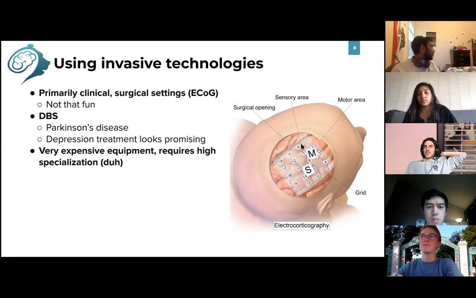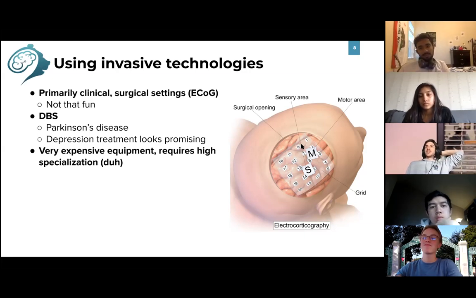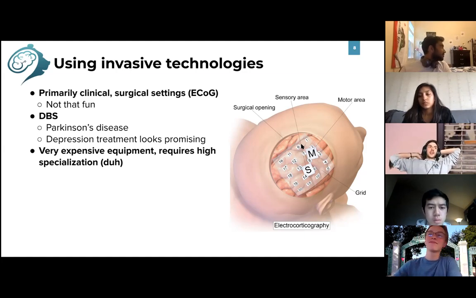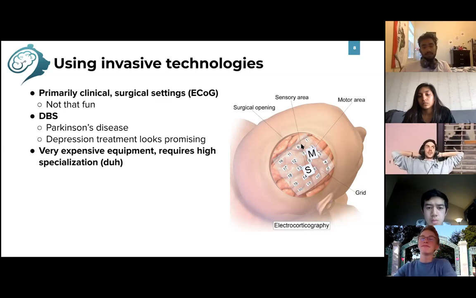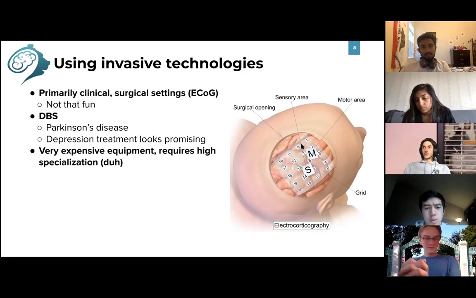So what DBS is, basically, I place a stimulating electrode in some part of your brain in order to provide electrical impulses which just stimulate that region. So for Parkinson's patients, that region of interest would be substantia nigra, where dopamine is produced.